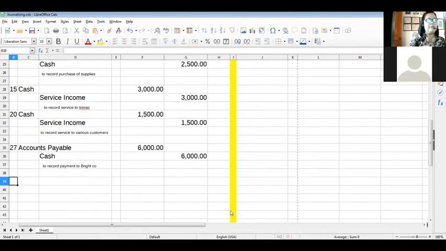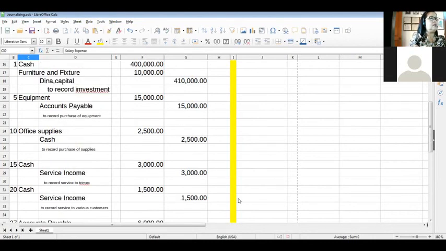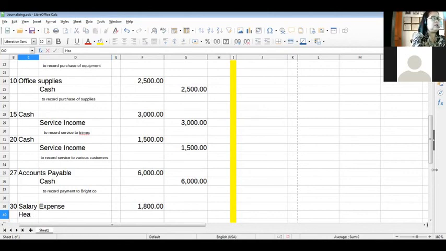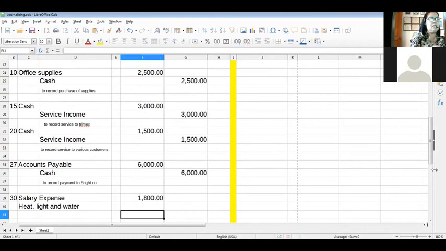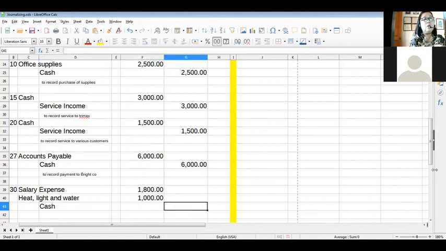30. Okay, so you have your salary expense of 1,800. And then heat, light, and water, that is 1,000. And nabawasan yung cash natin ng 2,800.